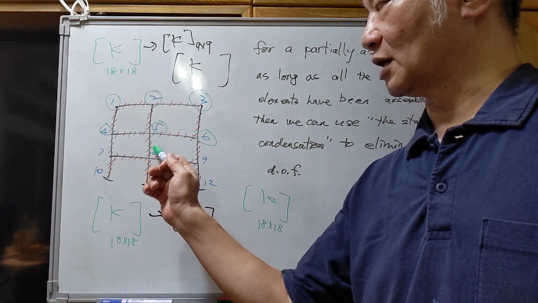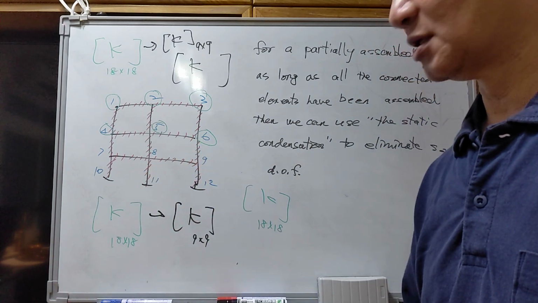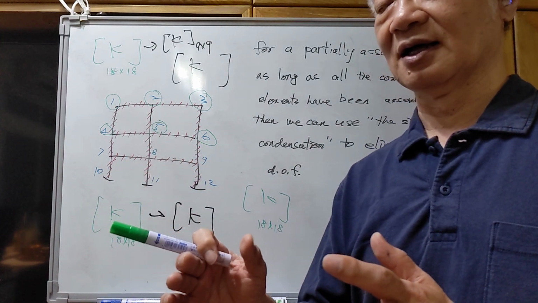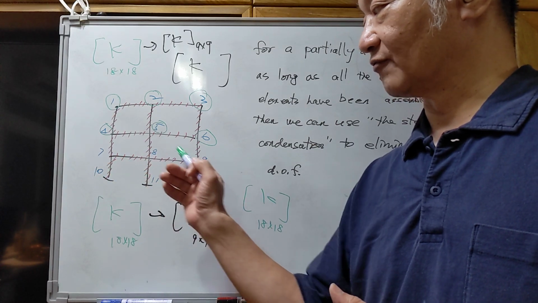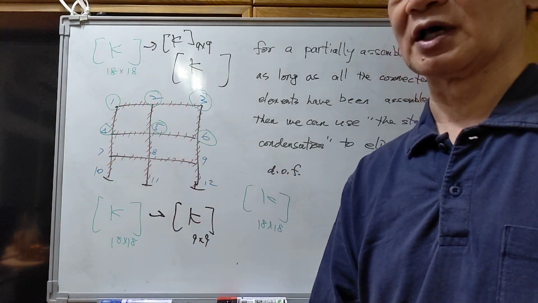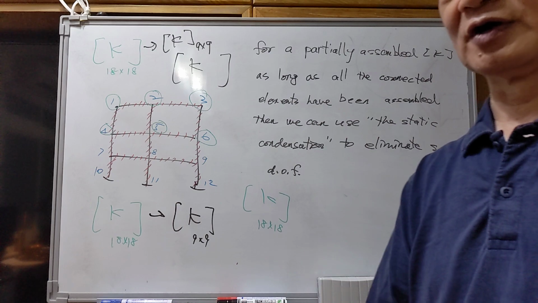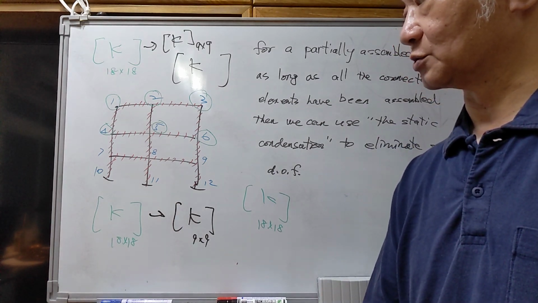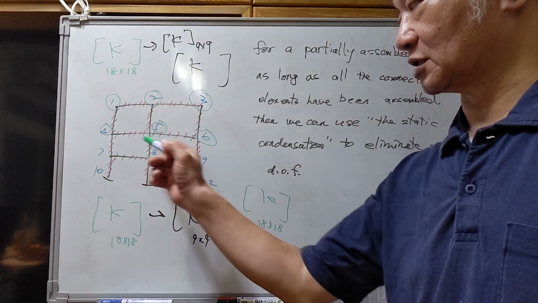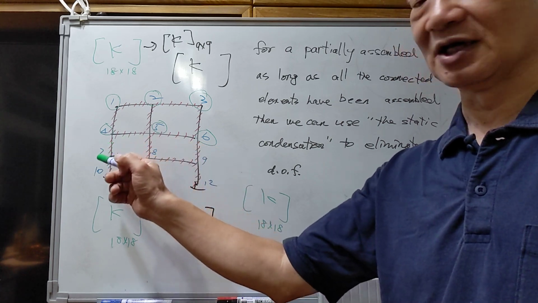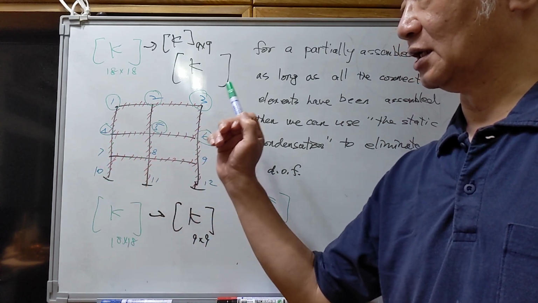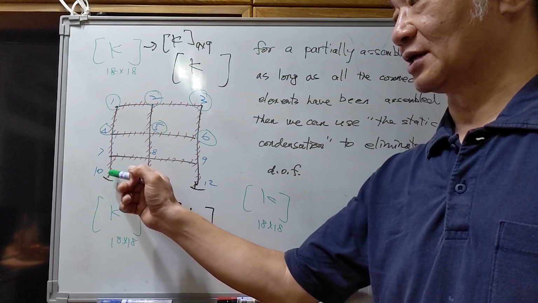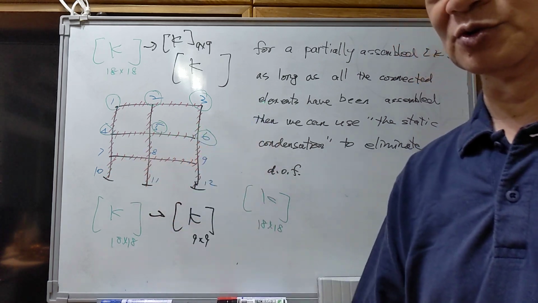But for nodal points 7, 8, and 9, after we assemble the 5 elements into the global K, we can know their values. So we can use the static condensation to eliminate these 3, and then we can solve the unknowns.